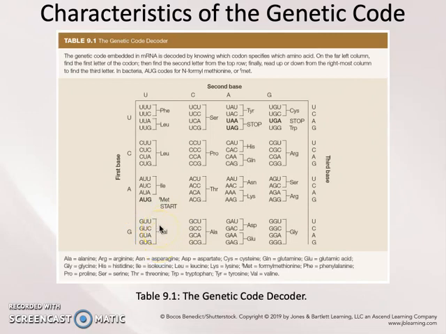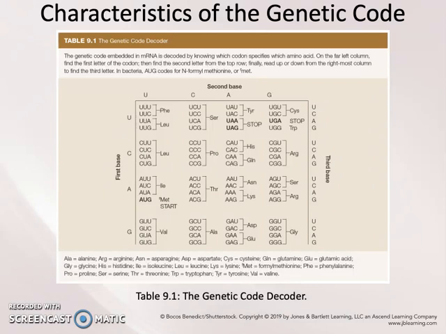Some amino acids are coded by 4 codons, others are coded by 6 codons, and a few are coded just by 2. This shows you that the genetic code is redundant. And what that means again is that each amino acid can be coded by more than one codon.